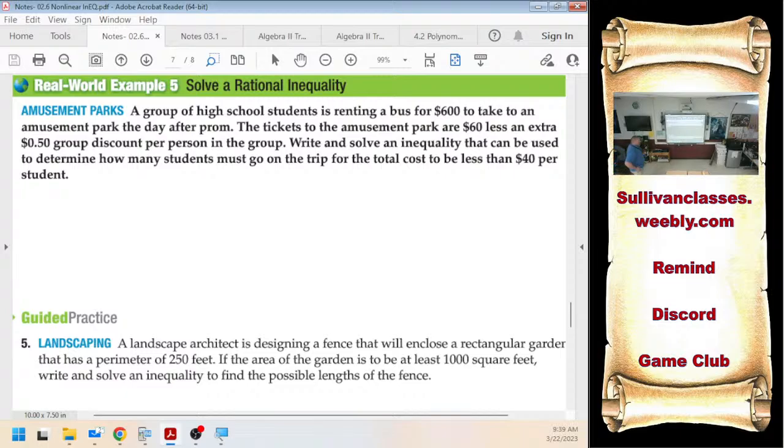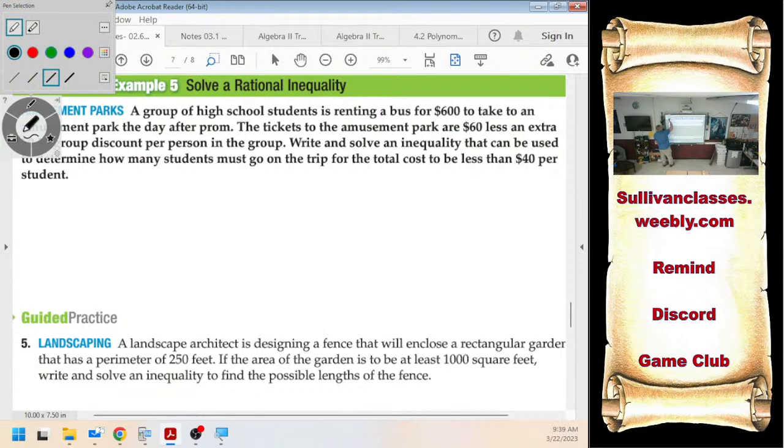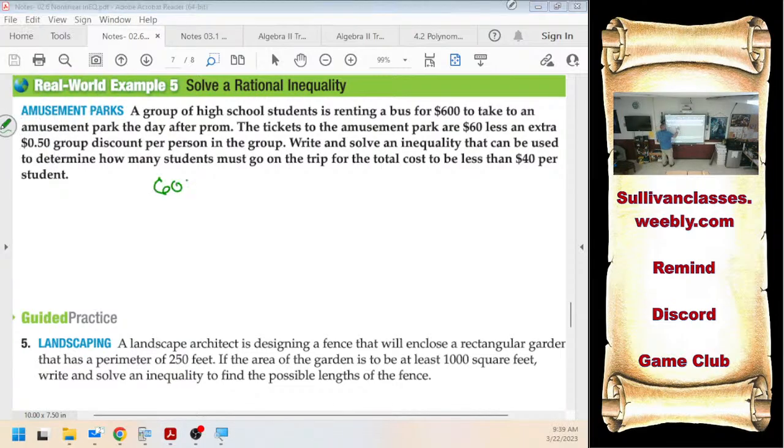So, everyone's got to pay their share of the bus. How many kids are going? So, x. So we start with 600 over x. That's everyone's share of the bus. Then you got to pay for your ticket to get in.